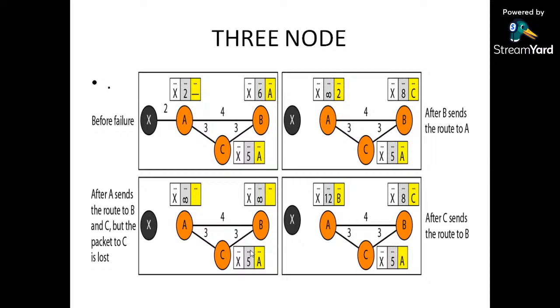After C sends the root to B, all the nodes A, B, and C are in an instability state. So it is called three-node instability.